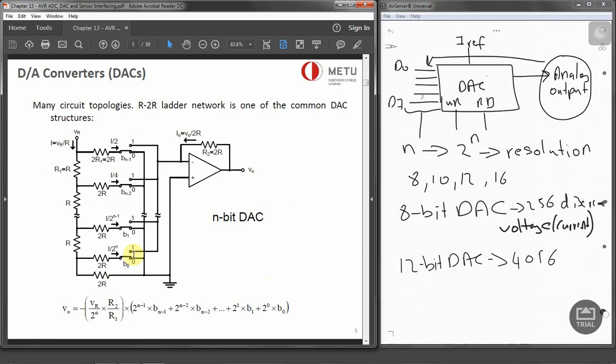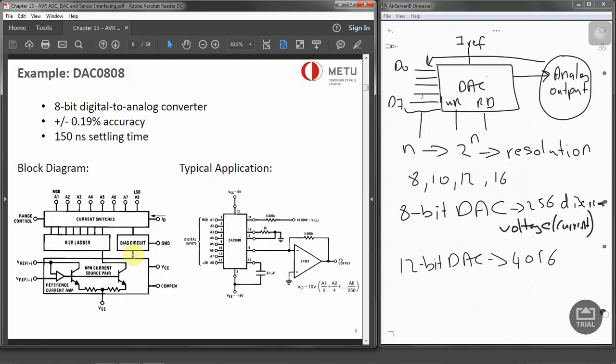And the typical module that uses R2R ladder is the DAC0808 module. It is an 8-bit digital to analog converter with a 0.9% accuracy and 159 nanosecond settling time.